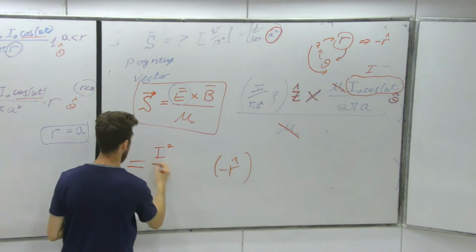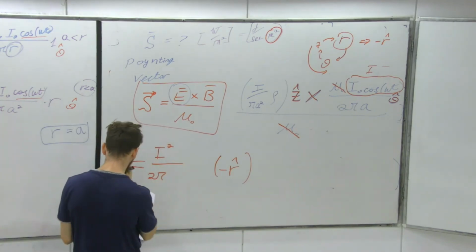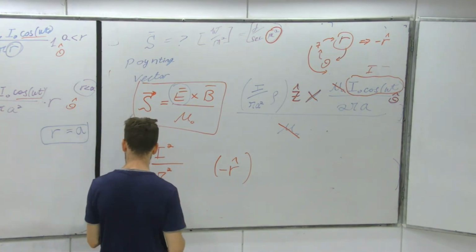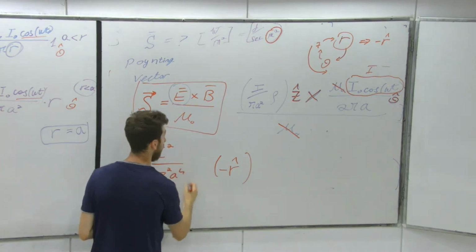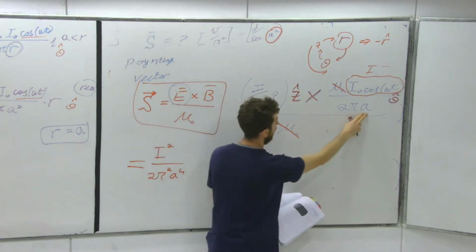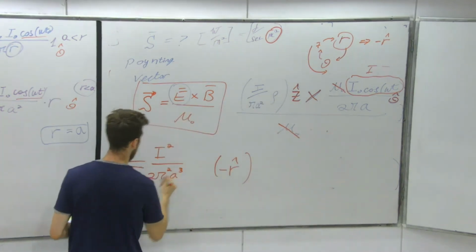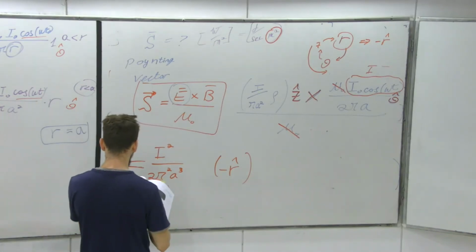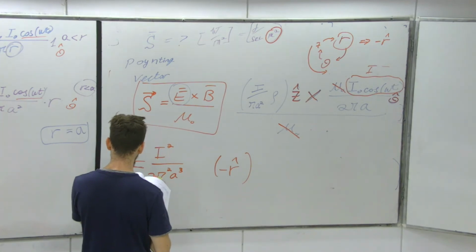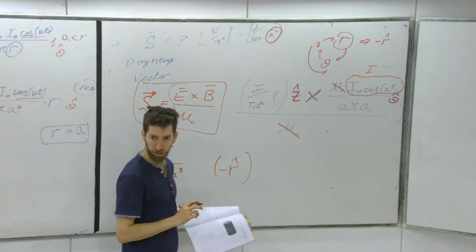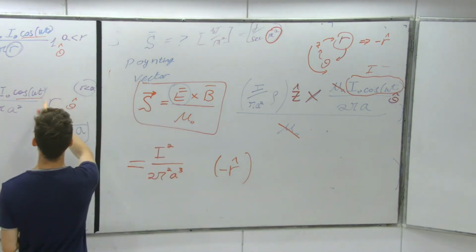So we have 2 pi squared, A to the 4, you see A squared and A here. Sorry, not to the 4, to the 3, I think, right? This is a mistake. Here, I think it's to the 3rd, right? Sure. To the 3rd.